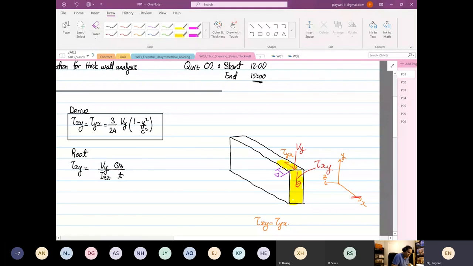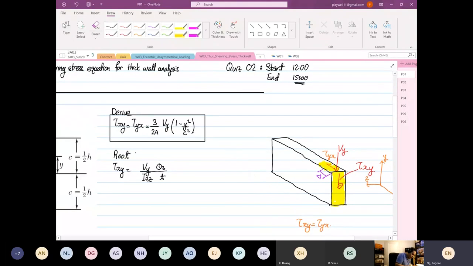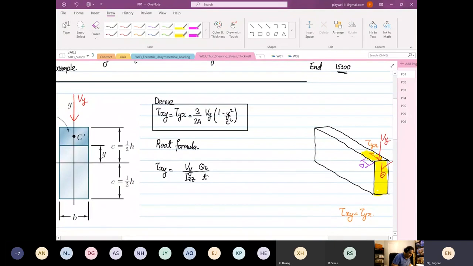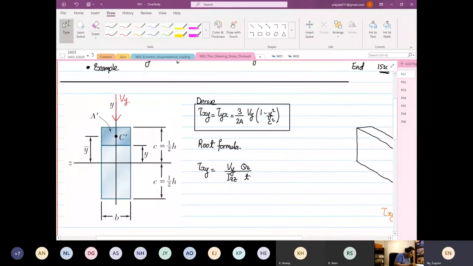The root formula that we're going to use, we already know, is shear stress equal to Vy over Izz, Qz multiplied by t. We select Izz because Vy is acting perpendicular to Izz, and the first moment of area is also taken about the z axis.